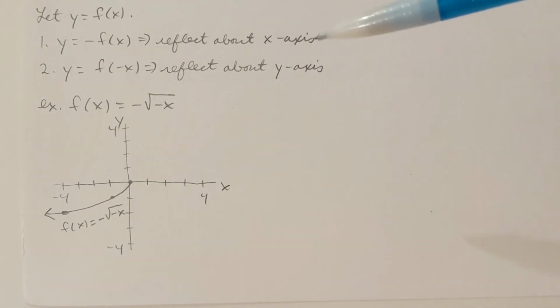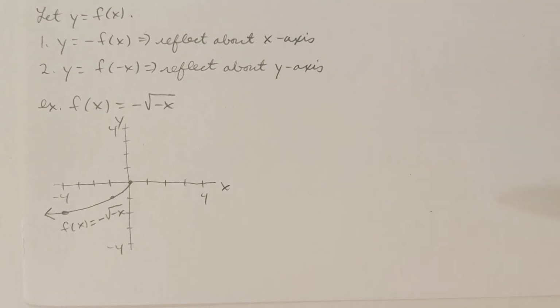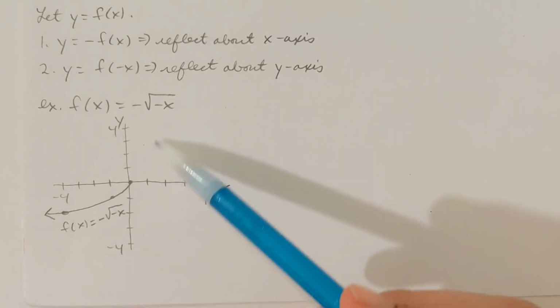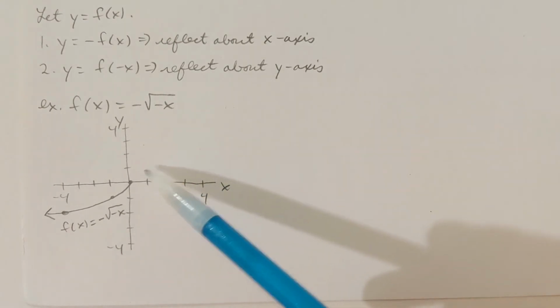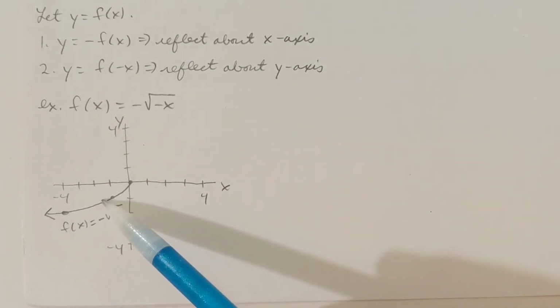The square root of negative x means that the negatives don't cancel out. The negative in front of the radical means I'd flip the graph over into quadrant 4. The negative underneath the radical means I'd flip the graph over into quadrant 3.